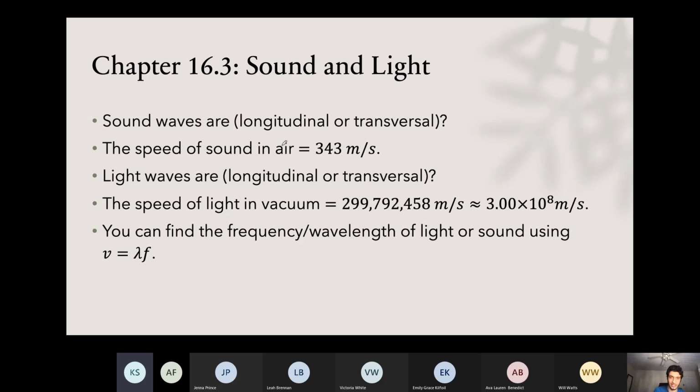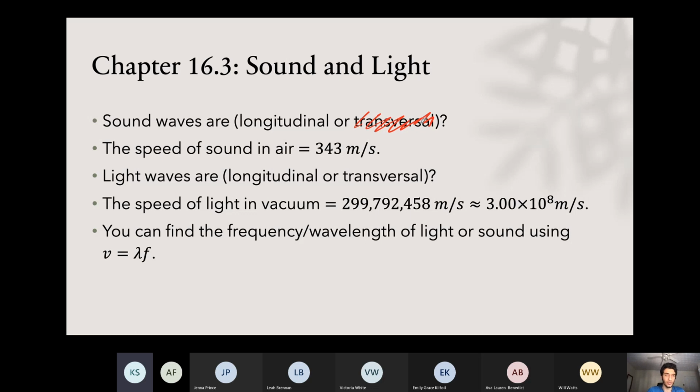Longitudinal, yes, indeed. So it's not transversal. It is longitudinal, because as you speak, you compress the air and so on. And the speed of sound in air is 343 meters per second, which is pretty fast.